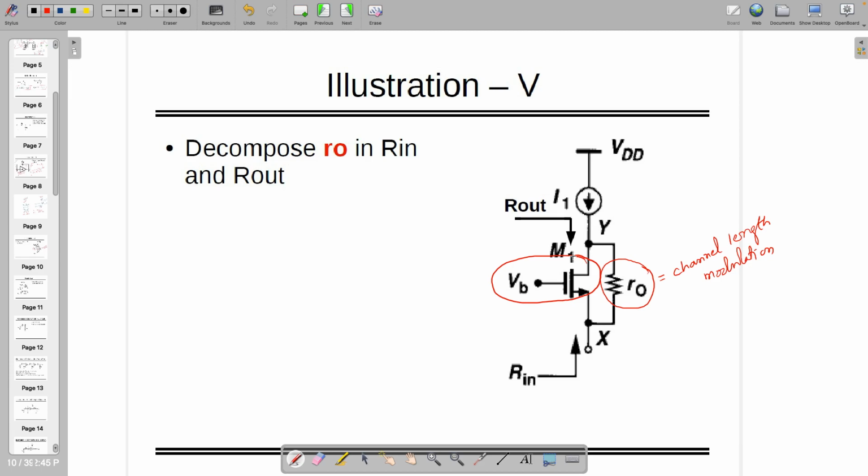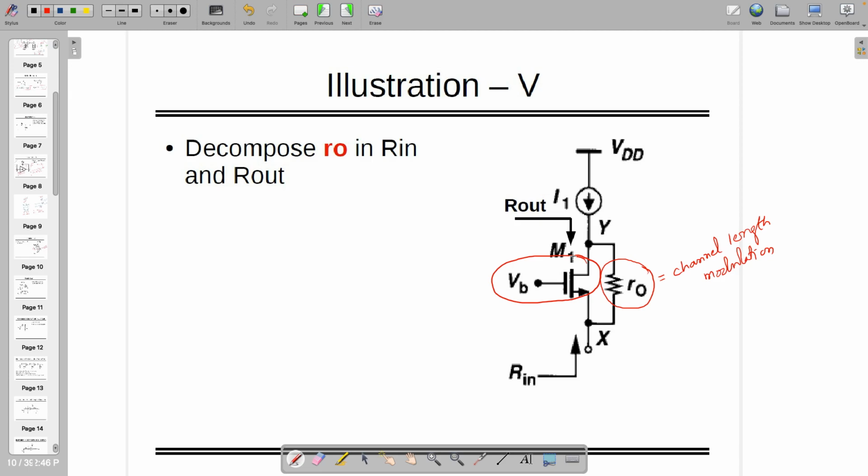You might have your own thought. Srishti, what do you think? X to Y, do we have any gain? Palash, where is Palash?